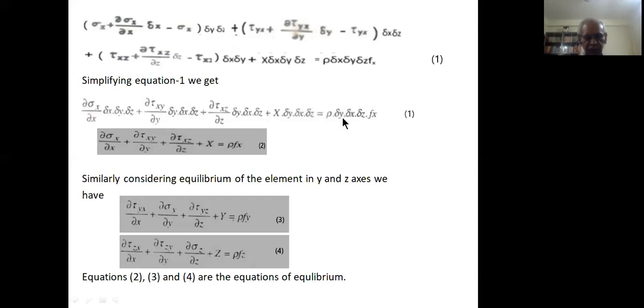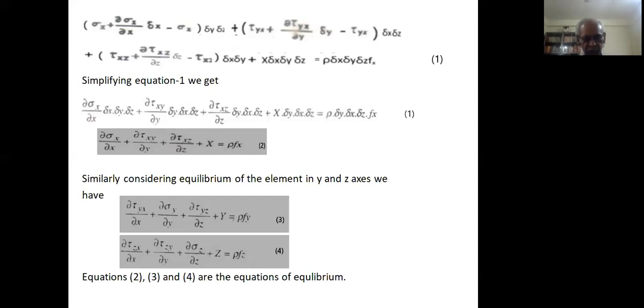So if you cancel out this volume term from all the parts, you are left with del sigma x by del x, plus del tau xy by del y, plus del tau xz by del z, plus X is equal to rho Fx.